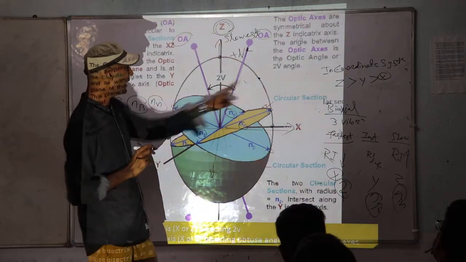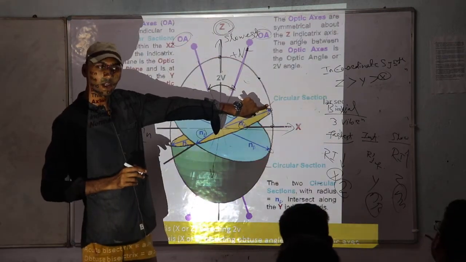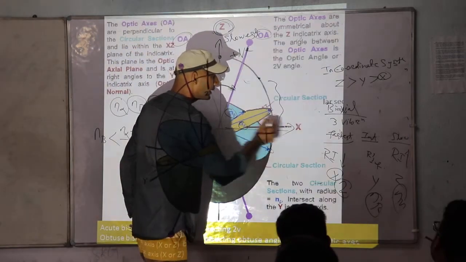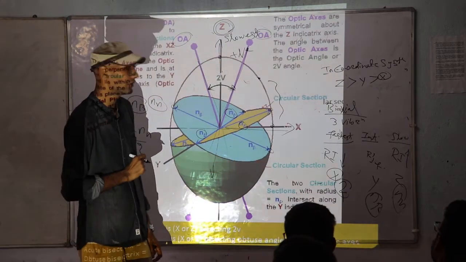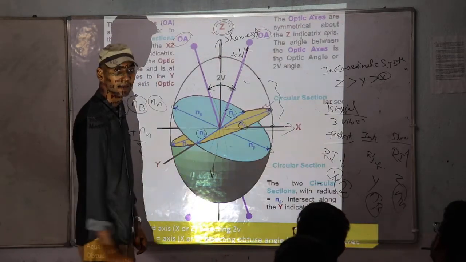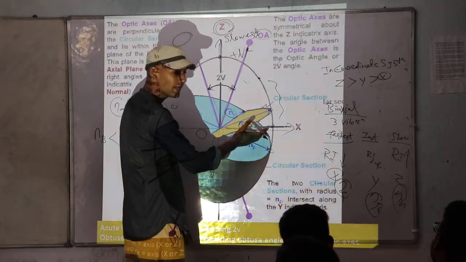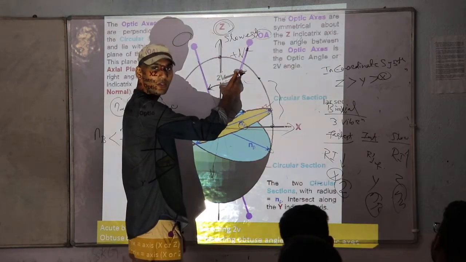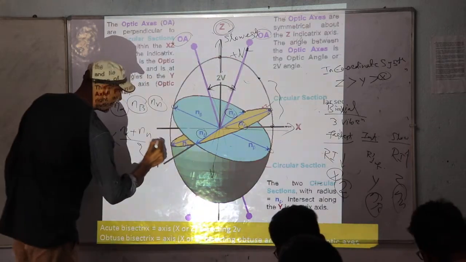If you are getting n beta lower than that, the circular section is somewhat here, closer to X. Circular section closer to X means the optic axis will be closer to Z. So here the mineral will be positive.